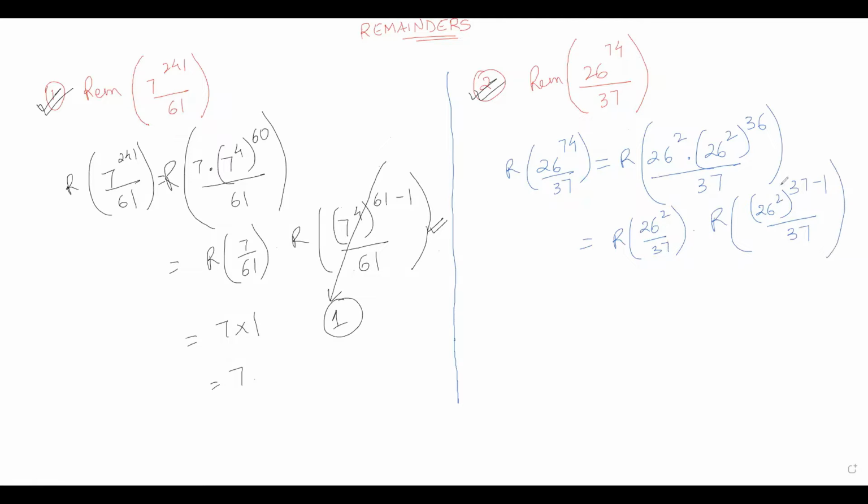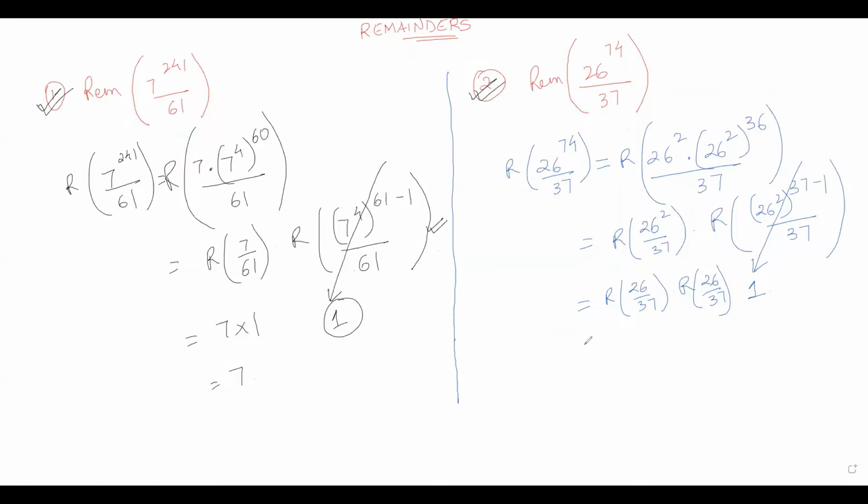Now again, using Fermat's little theorem, this part will give us the remainder 1, as this is of the form a raised to power p minus 1 upon p. So now the remainder would be simply the remainder of 26 square upon 37 times 1, which would be the remainder of 26 by 37 times the remainder of 26 by 37.